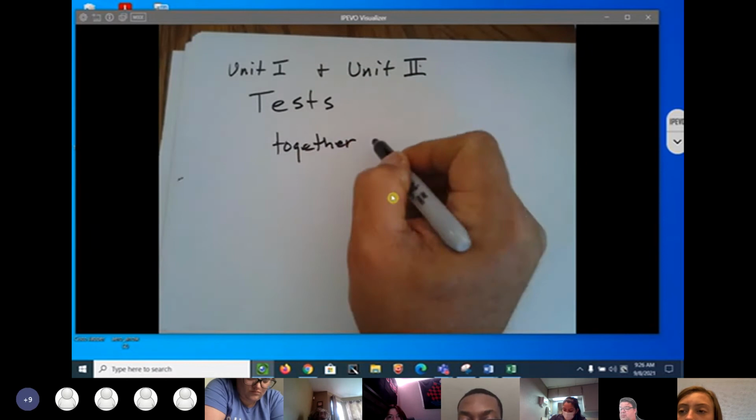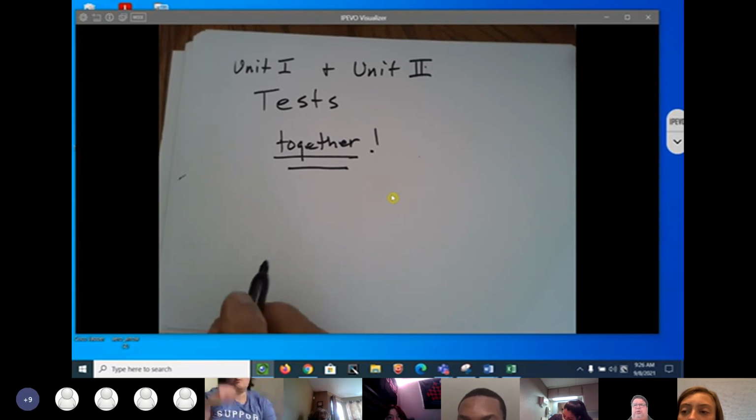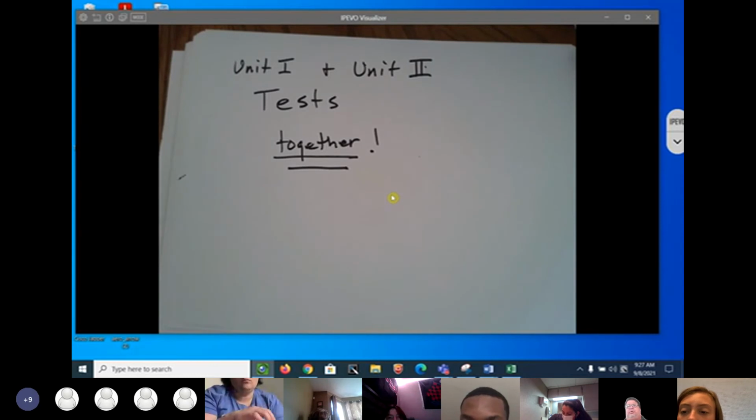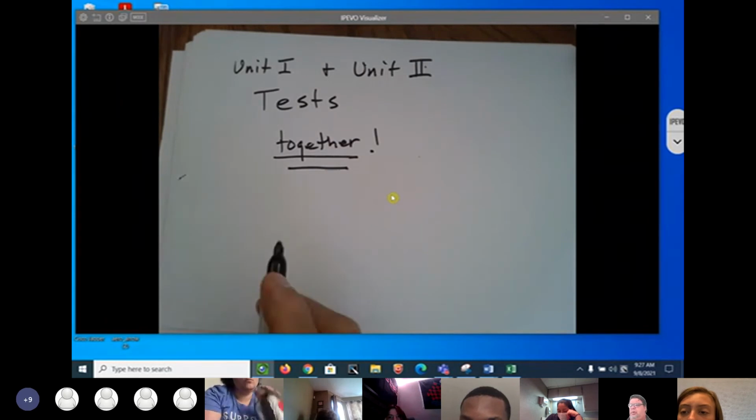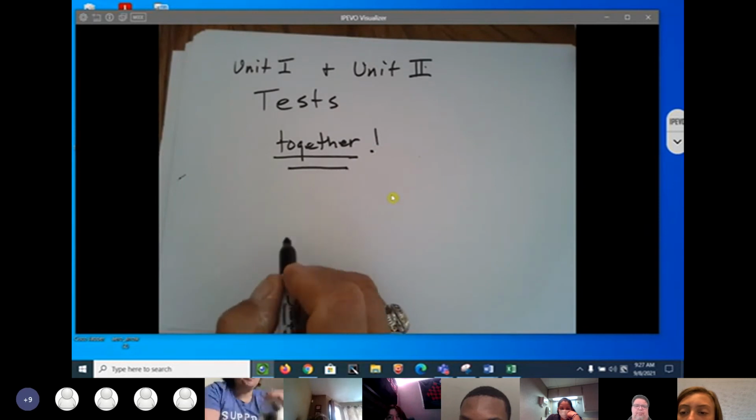And a lot of you are saying, why? Because they cover the same material. Okay? One's more complicated than the other. Just trust me on this, okay? It works out better because if I teach you all the material, then y'all can see how both the units work together. All right? Unit 1 is on sketching. Unit 2 is on completing the square.